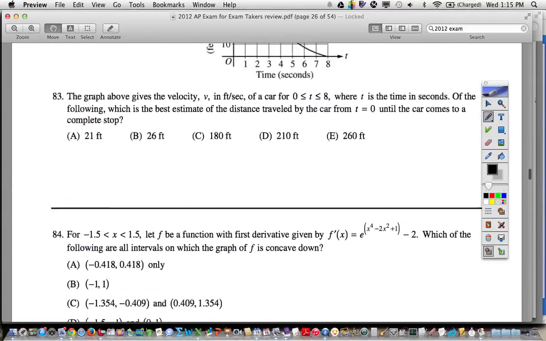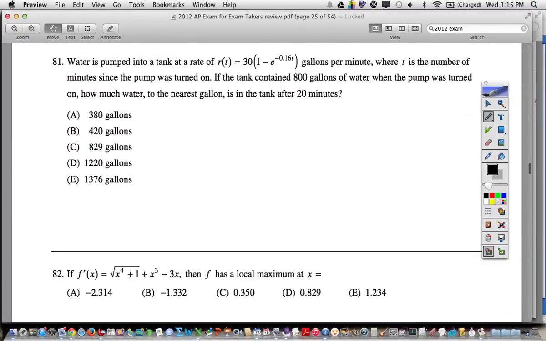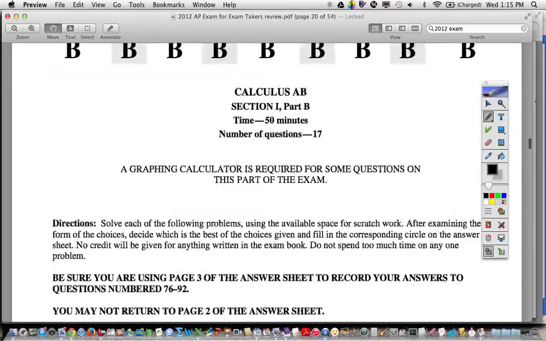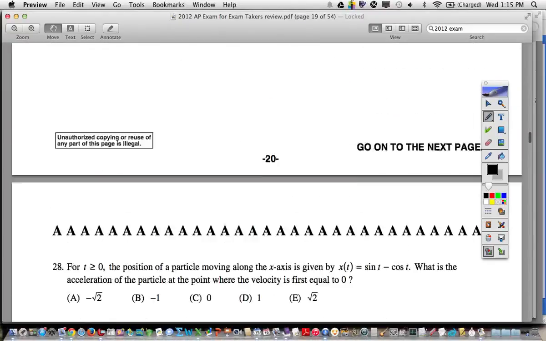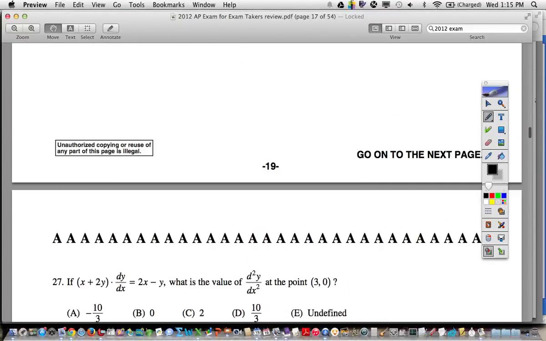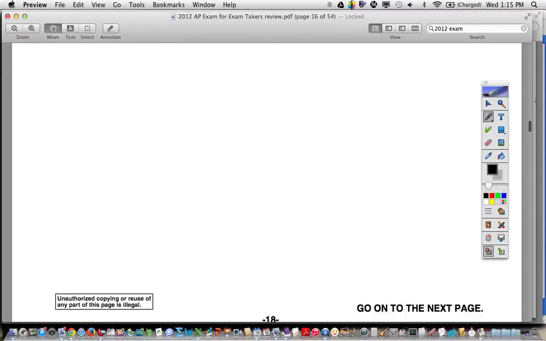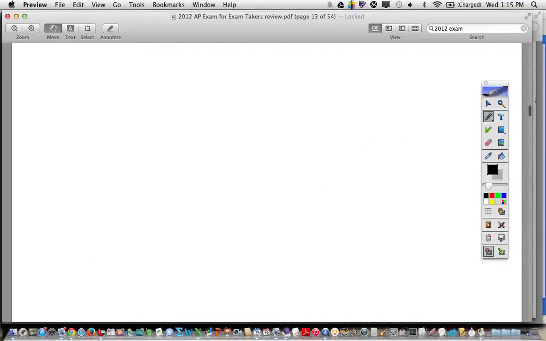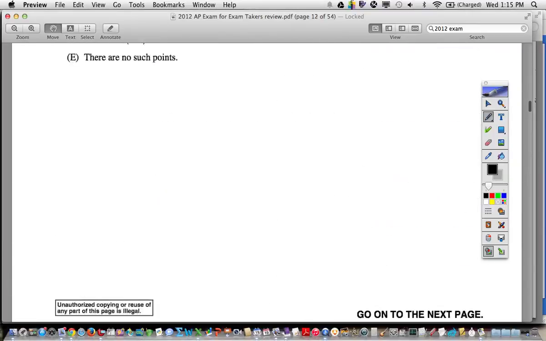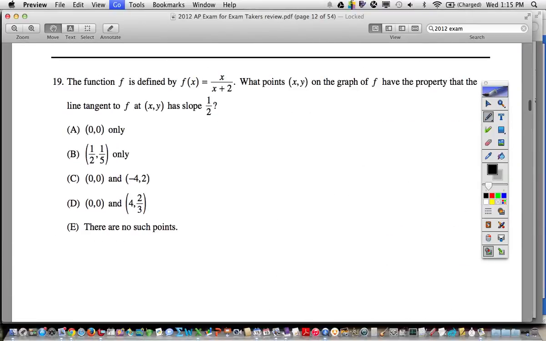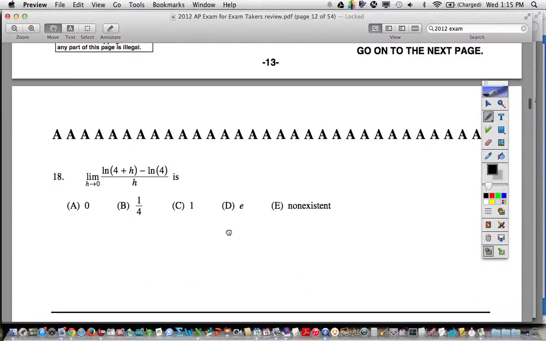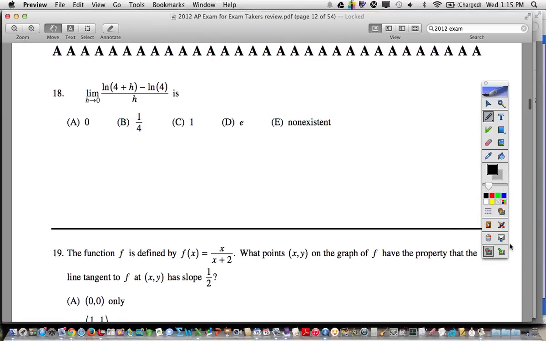It's got limits in it. It's got limits and tangents in it. And I saw it the other day. Nope, here it is right here. No, it doesn't have tangents in it. That must have been on a different thing.